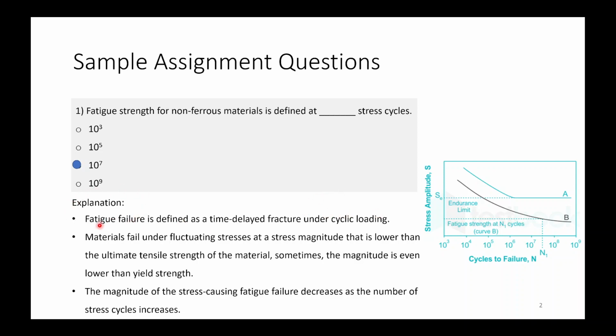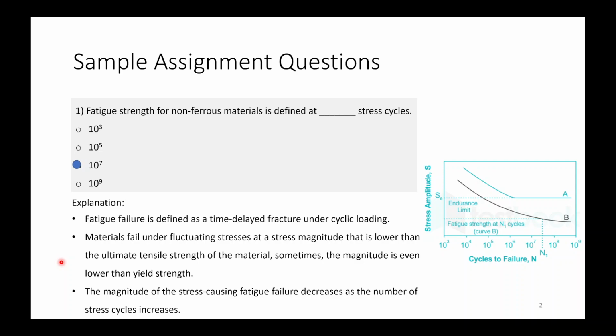Now we can explain this by saying that fatigue failure is defined as a time delayed fracture under cyclic loading. Materials fail under fluctuating stresses at a stress magnitude that is lower than the ultimate tensile strength of the material, and sometimes lower than even your yield strength.